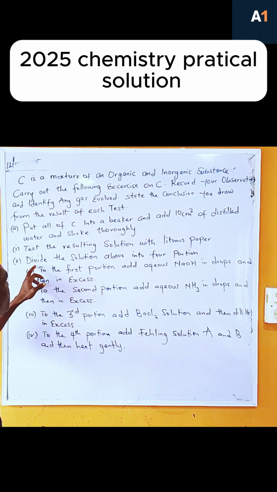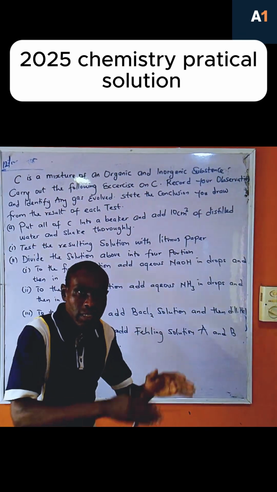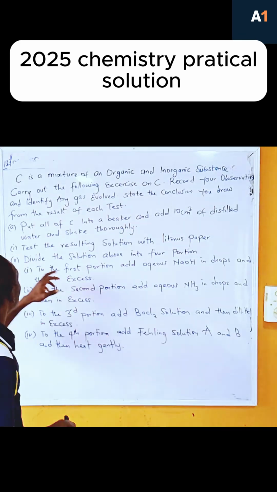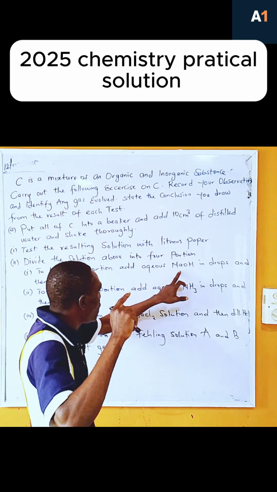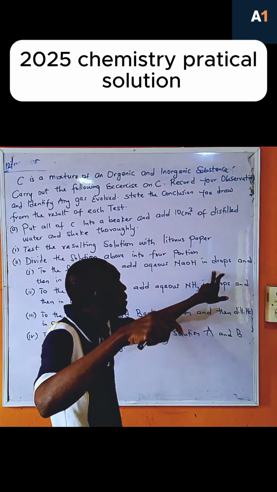Then you divide the solution above into 4 portions, A, B, C, D. To the first portion you add aqueous NaOH, that is sodium hydroxide, in drops, then in excess.